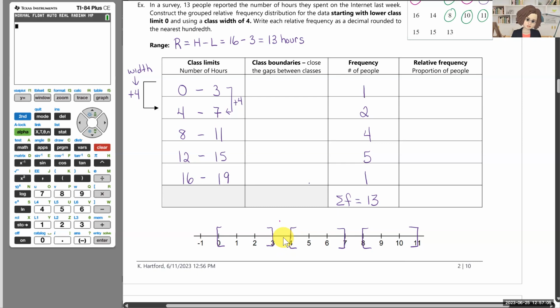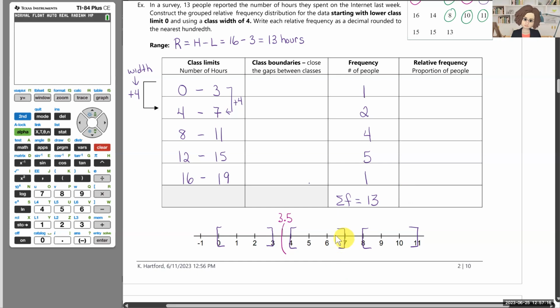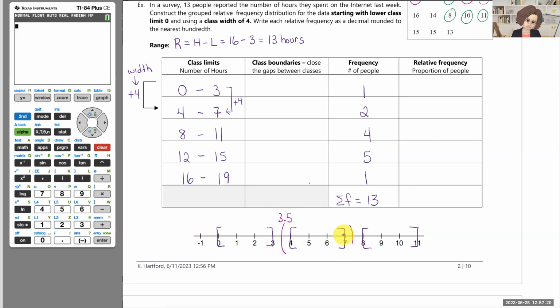So I'm going to draw a parenthesis there. So from 4 halfway down to 3 would put me at 3.5. And then I take the upper limit 7 and I'm going to go halfway up to 8. And that would put me at 7.5. So those are the boundaries of that group.